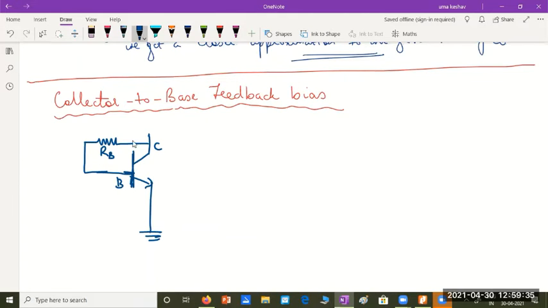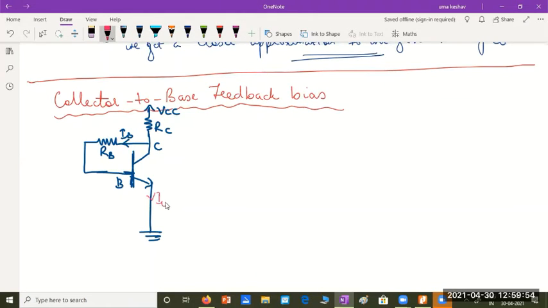There is a connection here and the base current flows through this. As usual, you should have the load resistance RC, and this is connected to the voltage source VCC. This is the circuit of collector to base feedback bias.